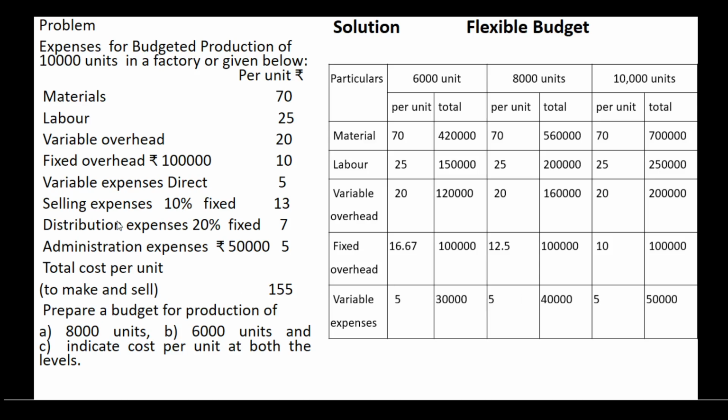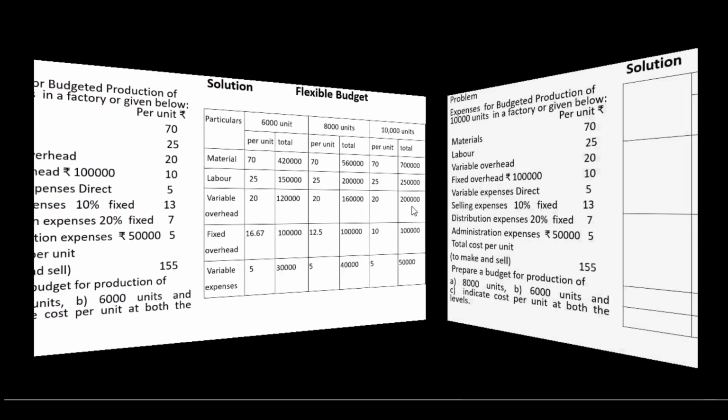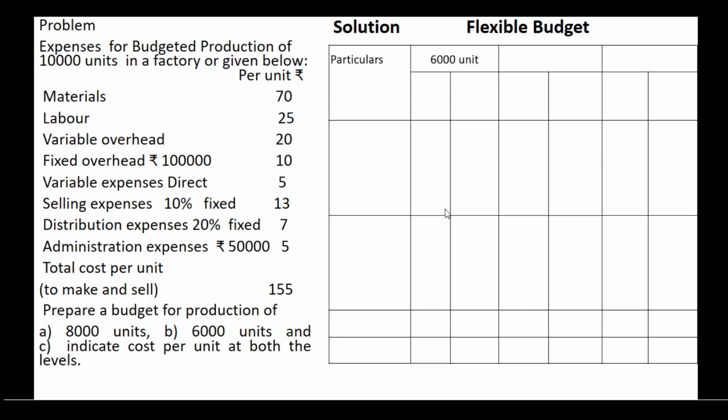And the next one, that is the selling expenses. It is continued in the same format. In the selling expenses, 10% is fixed. So here the cost per unit is rupees 13. In this 13 rupees, 10% is fixed and the remaining 90% is variable.